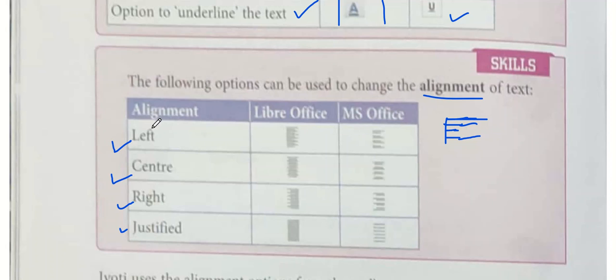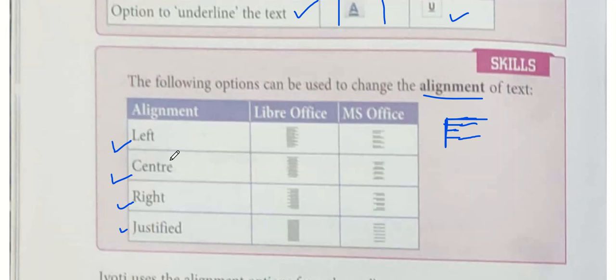So when we have the left alignment, that means the text is arranged towards the left side. Every line will start from the same point, but it may end at various points.